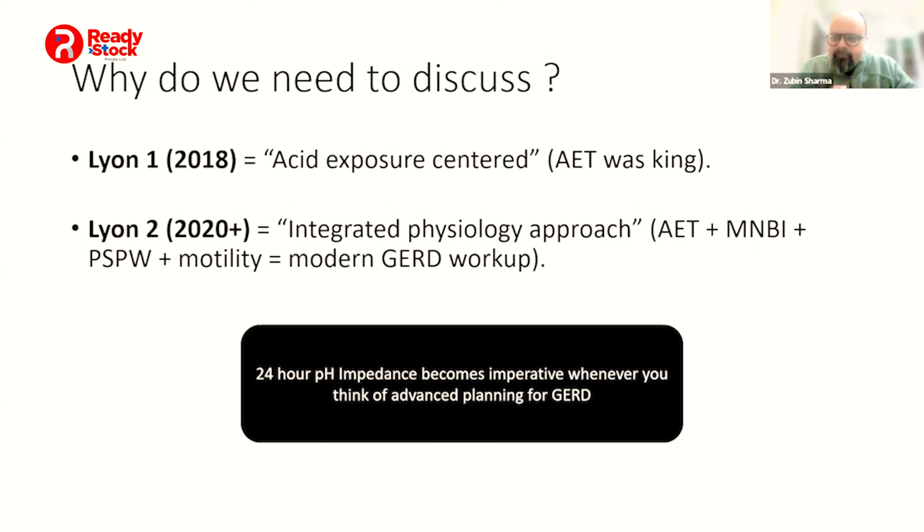When I say that, I mean you have to look at the acid, you have to look at the non-acid reflux, you have to look at what that acid or non-acid is actually doing to the esophagus, how that acid is changing the motility, and what the changes in the histopathology are, which are indirectly reflected on MNBI or PSPW, affecting motility.